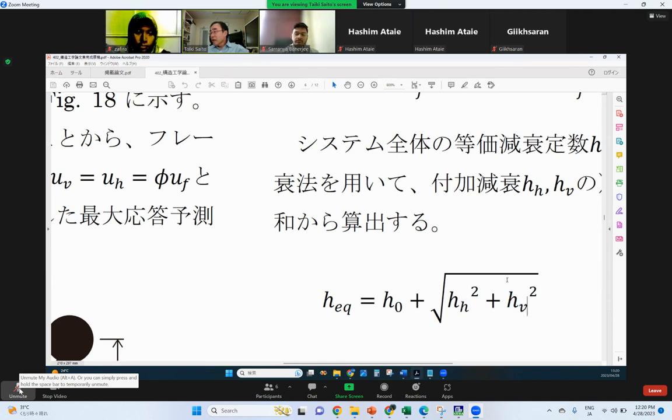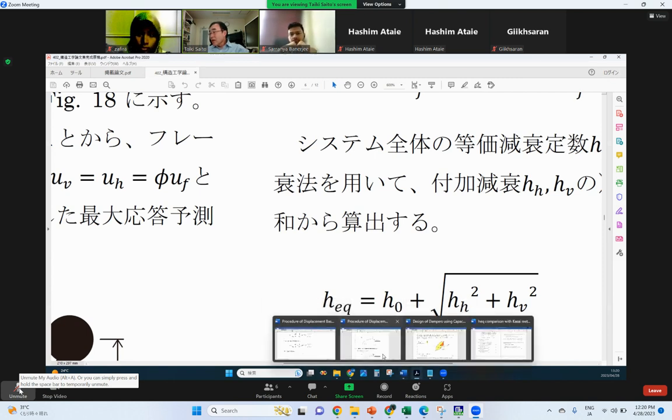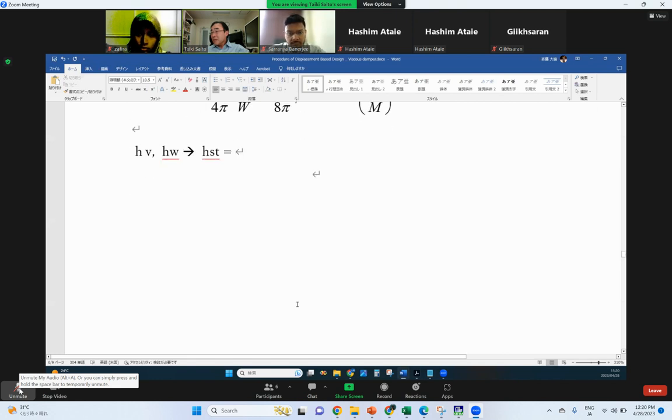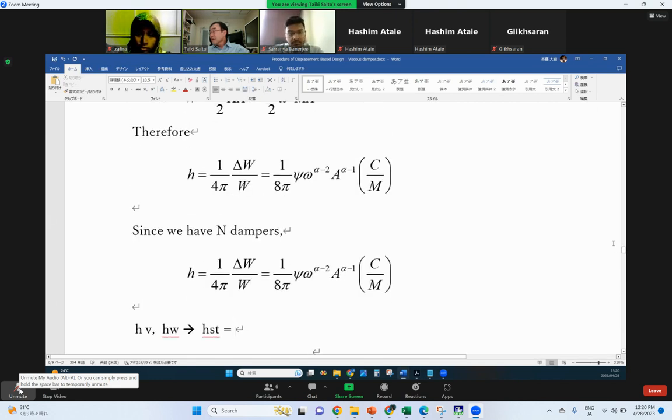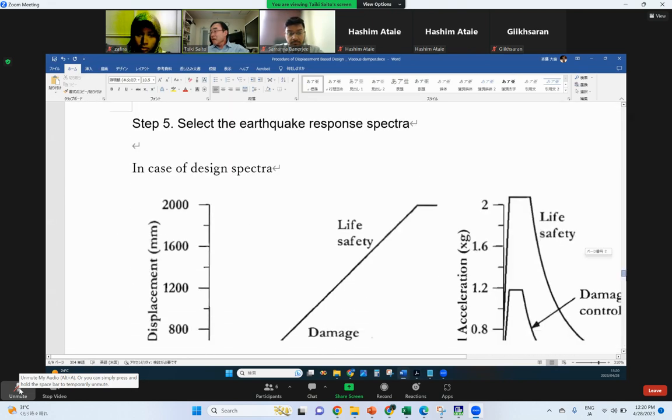We take the square root, and this is the initial damping, maybe 5% or 2%. So it will be the total damping. I'm thinking to use this formula, which was actually proposed by Naki-san and myself. After you get the equivalent damping, the procedure is the same.